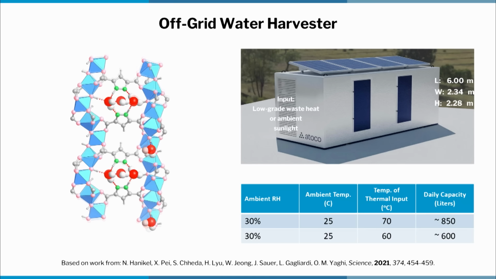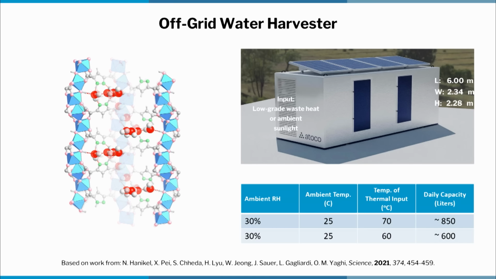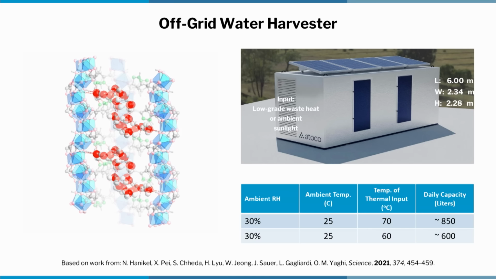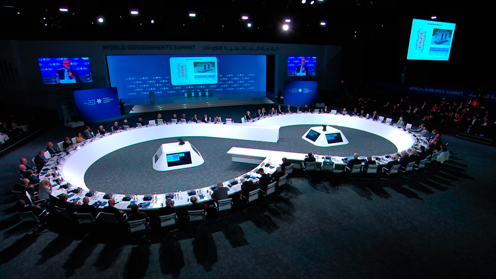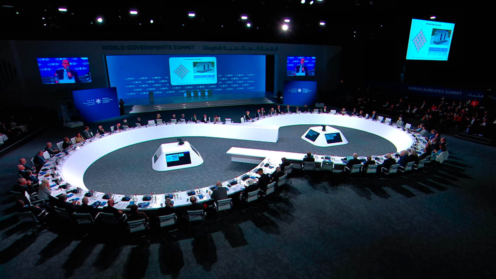This is now becoming almost a commercialized product. It will be unveiled this year, a product that would produce almost 1,000 liters of water per day, every day for 6 to 7 years, with no energy input aside from ambient sunlight. So we've solved, let's say, the water harvesting problem.